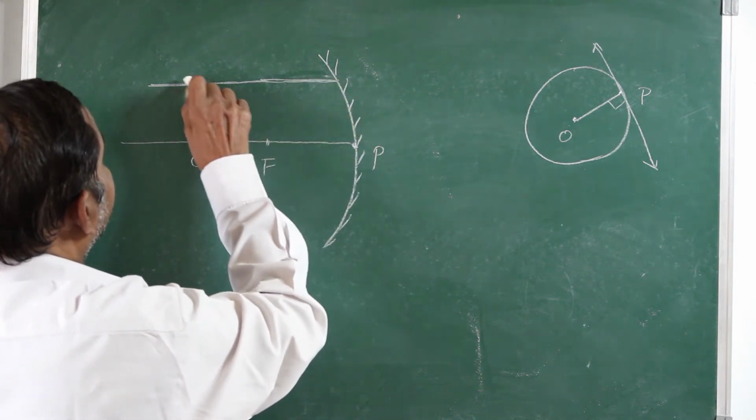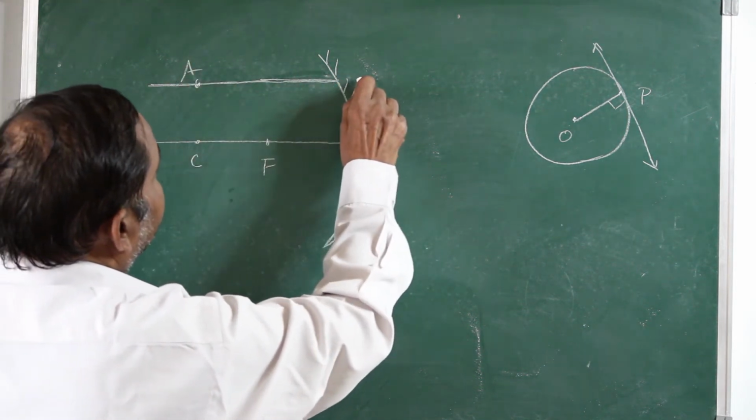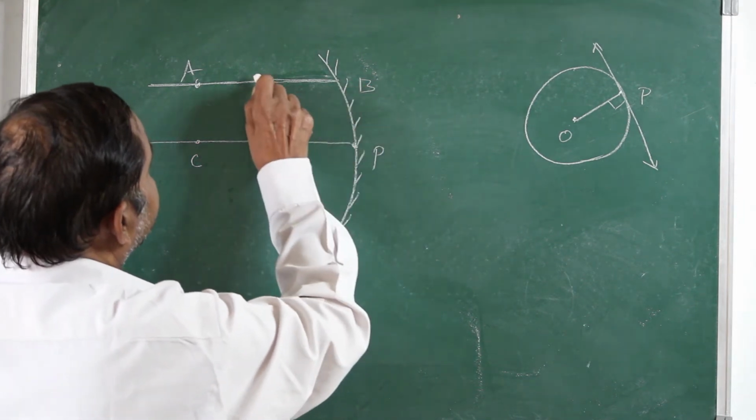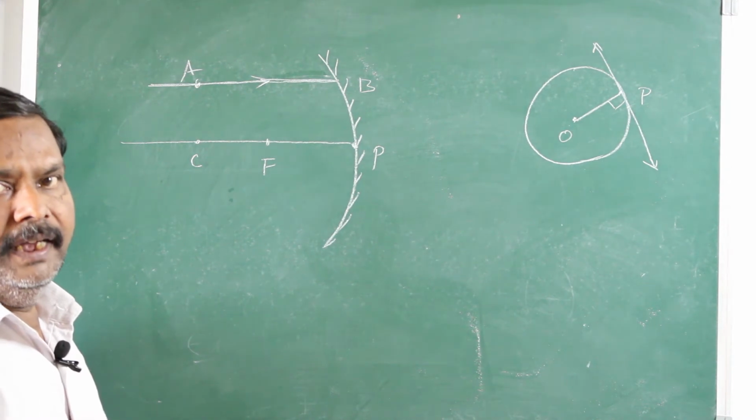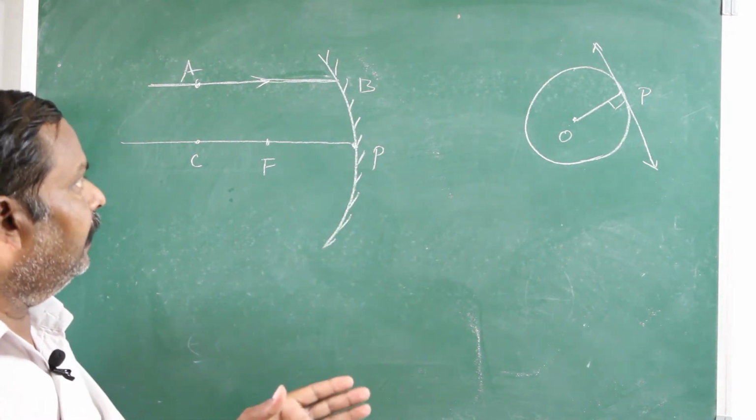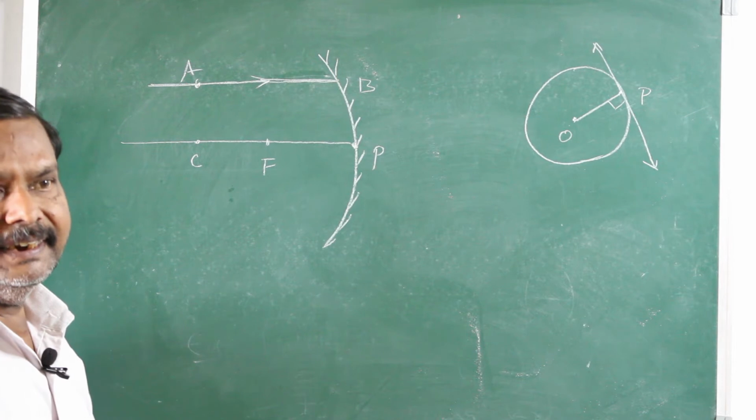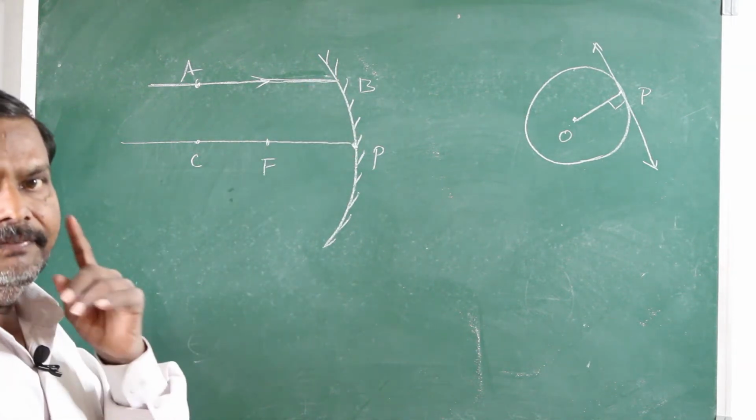Let it be A and B. Now let us assume a tangential plane at the point of incidence. B is the point of incidence.